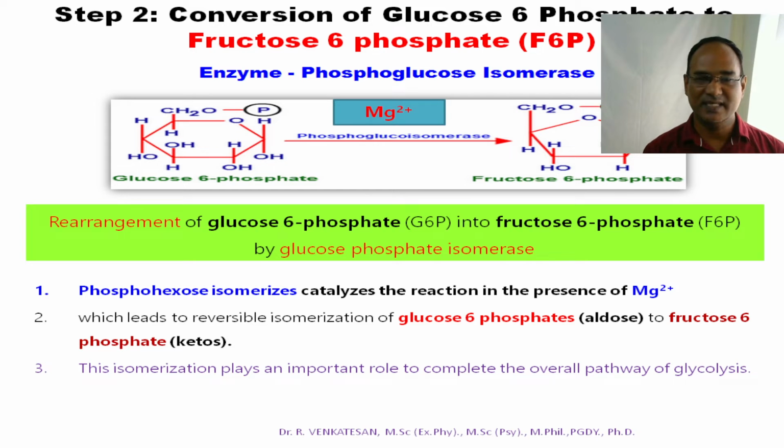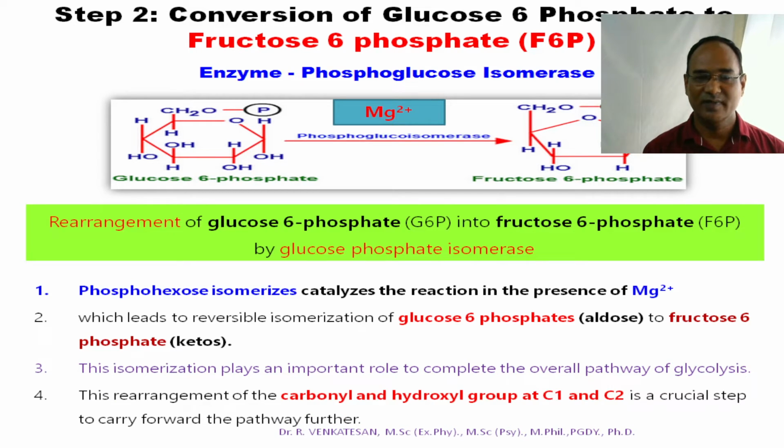The isomerase plays an important role in completing the overall pathway of the glycolytic process. This is a very important phase, and the carbonyl and hydroxyl groups at C1 C2 are a crucial step to carry the pathway forward.